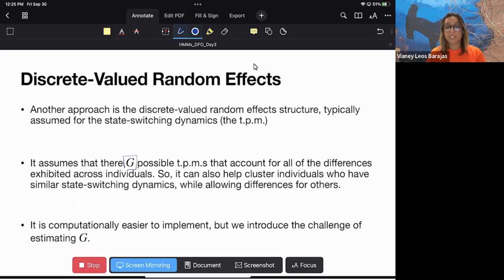It's computationally easier to implement, so we are now accounting for variability across individuals by constructing these groups. But we introduce the challenge of estimating, well, how many groups do we need now to account for all the variability? So it's computationally easier, it's more feasible, but there's a caveat that we now need to choose G as well.